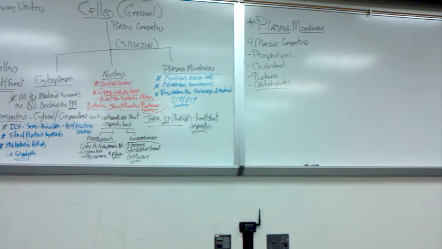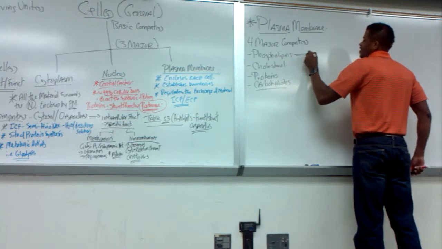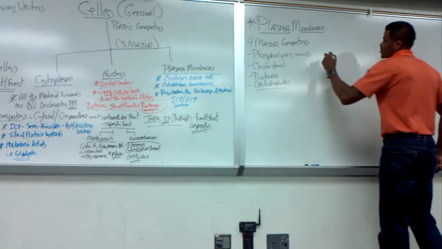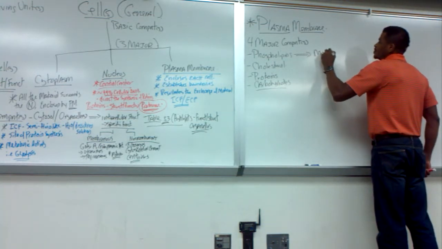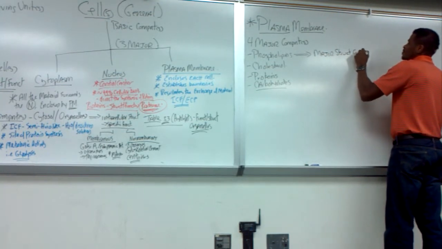We see here we have the phospholipids, the carbohydrates highlighted in yellow, proteins highlighted in the lavender or the purple, the green represents the carbohydrates. And as we take a look, the phospholipids can be viewed as the major structural component of the plasma membrane, so they make up the major structural component of the plasma membrane.